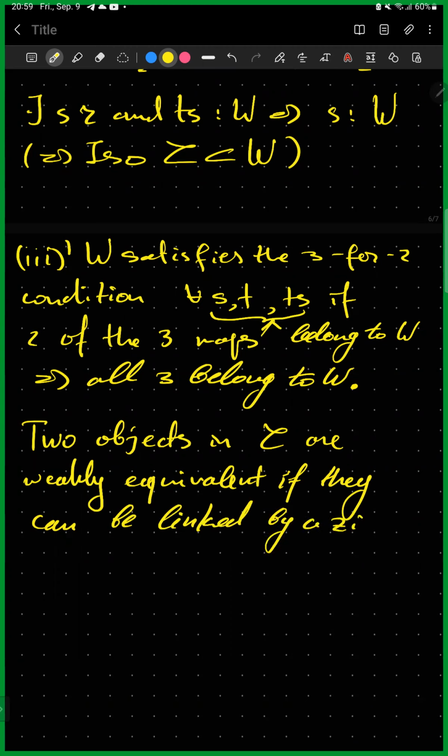So analogously to the weak equivalence relation on the objects that was given for arbitrary homotopical categories, here we say that two functors are weakly equivalent if they can be connected by a zigzag of natural weak equivalences.